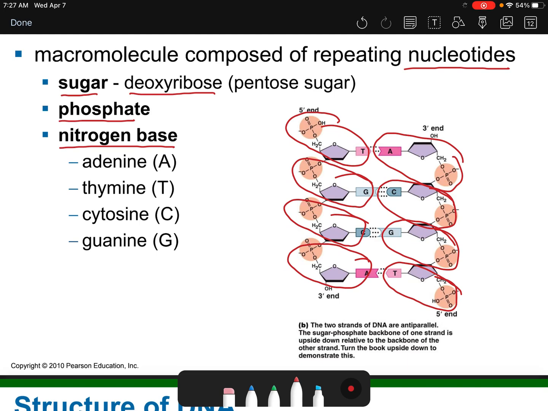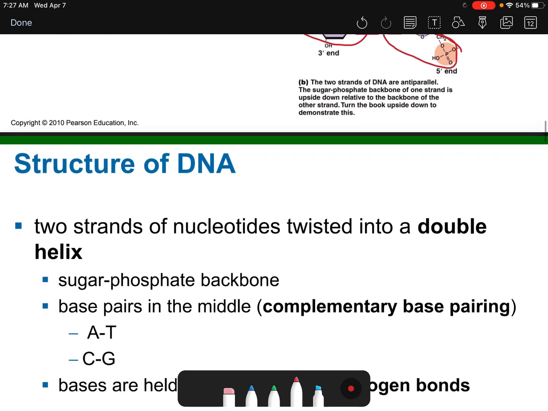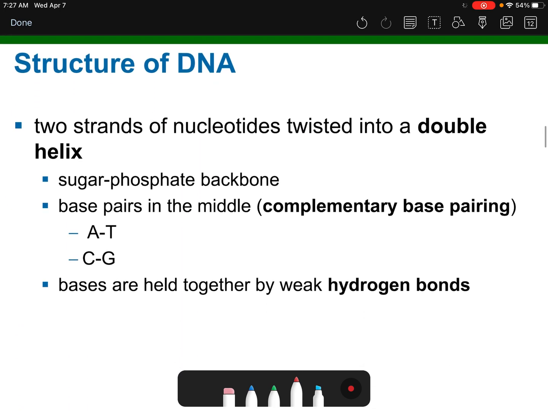And you notice that T always bonds with A, C always bonds with G. These two strands of nucleotides, because it's a double helix, are twisted. That's what gives them that helix shape.